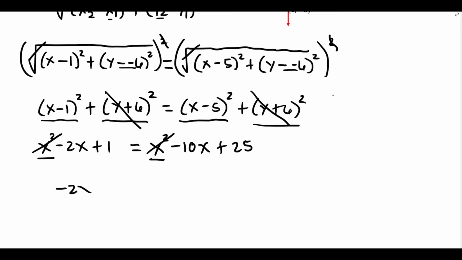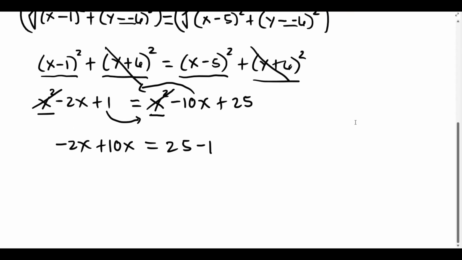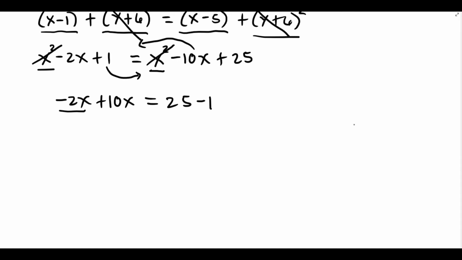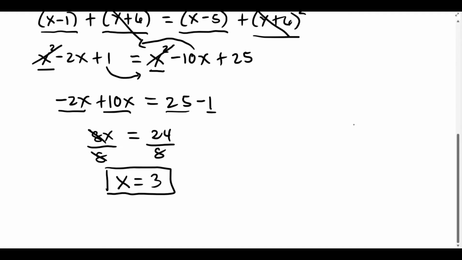So we have negative 2x, then transpose this negative 10x, so this becomes positive 10x, equals 25. Transpose this positive 1, so this is negative 1. Then negative 2 plus 10 is 8x, and 25 minus 1 is 24. Then divide both sides by 8. Therefore, x equals positive 3.